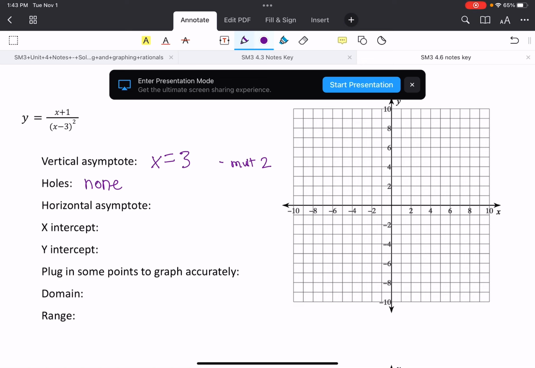The denominator is bigger, right? The denominator's degree is 2 because it's squared. So if your denominator's bigger, your horizontal asymptote is y equals 0.